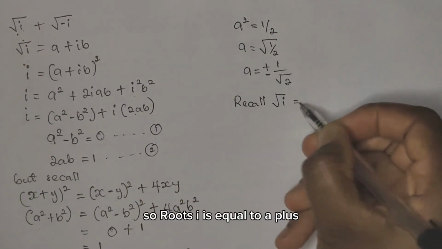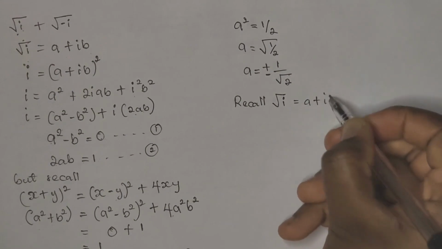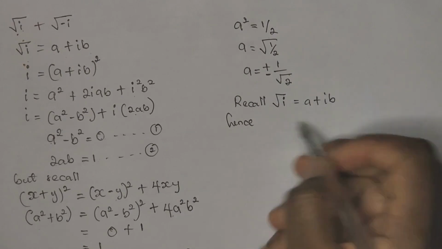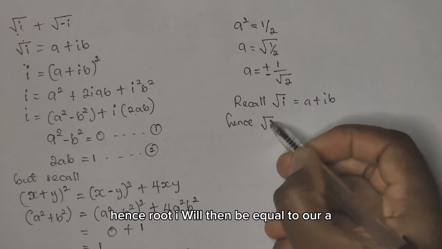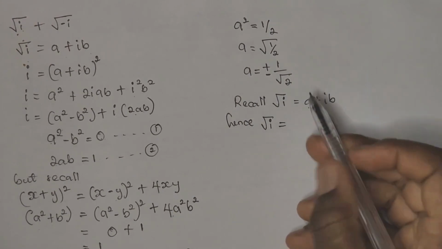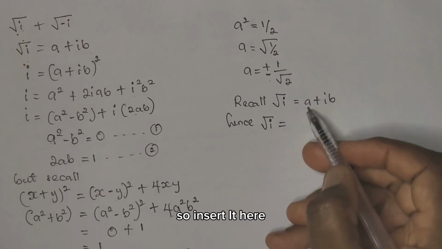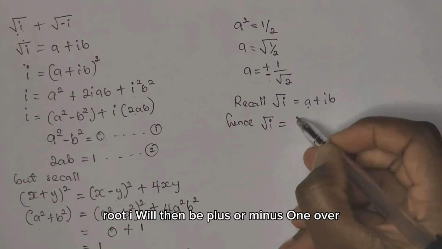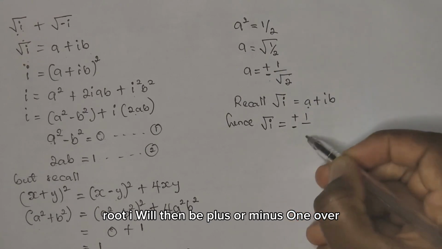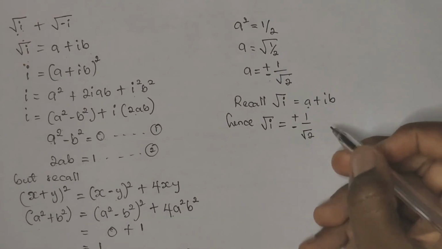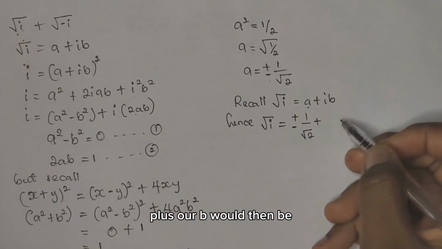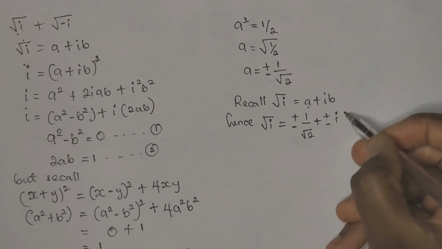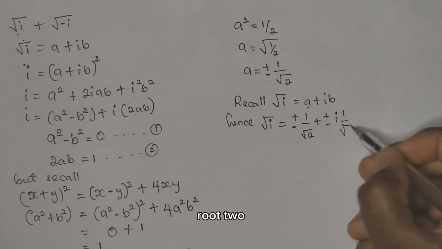We replace a with this, so root i will then be plus or minus 1 over root 2 plus our b, which will be plus or minus i times 1 over root 2.